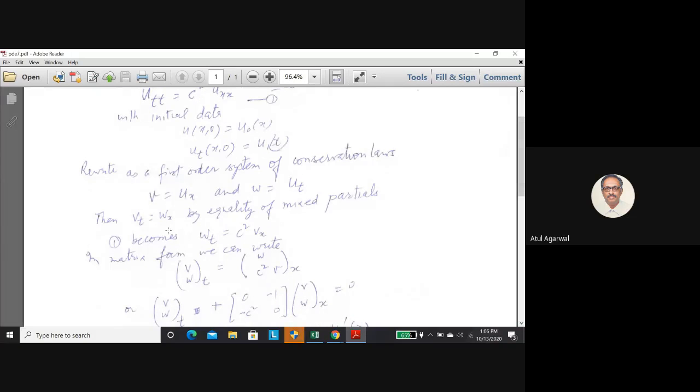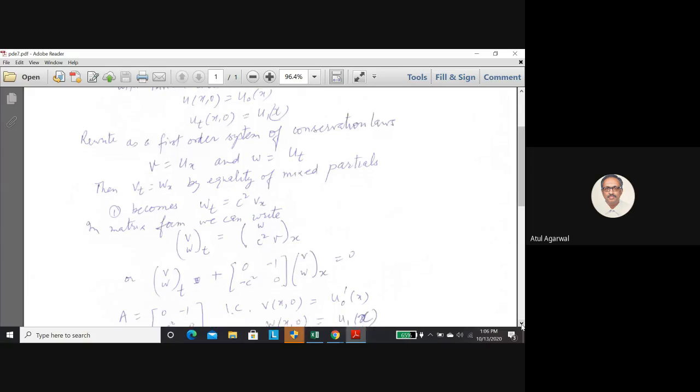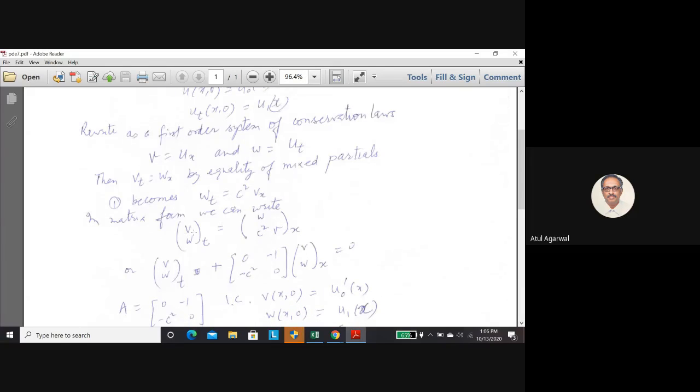So these two equations, vt is equal to wx, wt is equal to c square vx, you write in matrix form. So v and w, time derivative with t, is equal to the matrix with w and c square v, derivative with x. You can write the entire thing in matrix form like this.